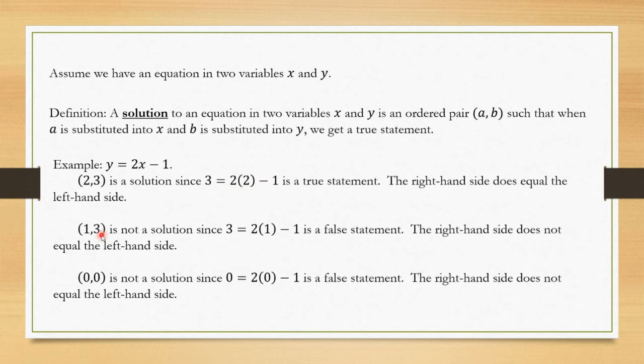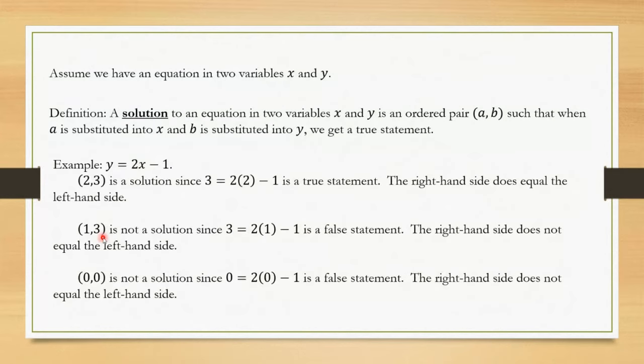What about this point, (1, 3)? Well, it's not a solution, but why? Well, if we substitute 3 in for y and 1 in for x, is this a true statement, this equation? Here we have 3, we have 2 minus 1, which is 1. So no, it's a false statement.